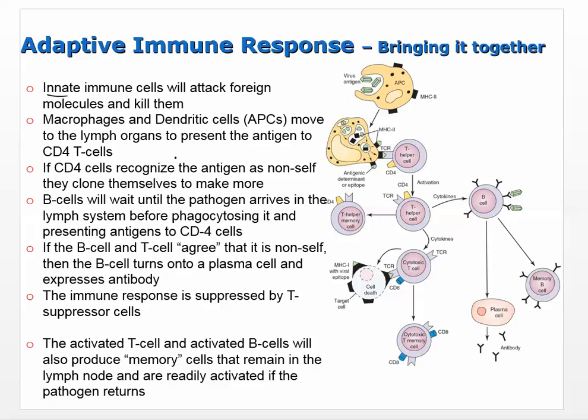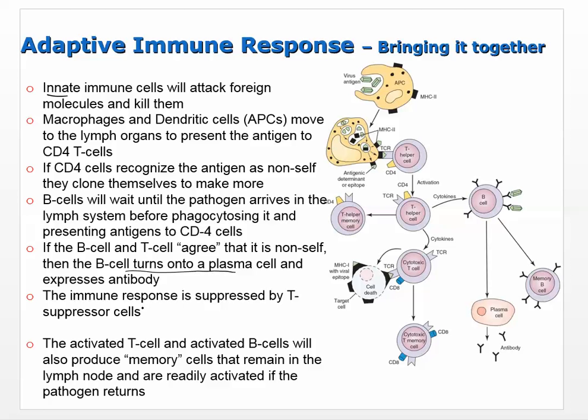If the helper T cells recognize the antigen as non-self, they will clone themselves to make more. And then the B cells are also up there waiting for the pathogen to arrive in the lymph system, and then they phagocytose it, express it on their MHC2, and present that to the helper T cells. If the helper T cell and the B cell both agree that it's non-self, then it turns the B cell into a plasma cell, and that floods the system with antibody.